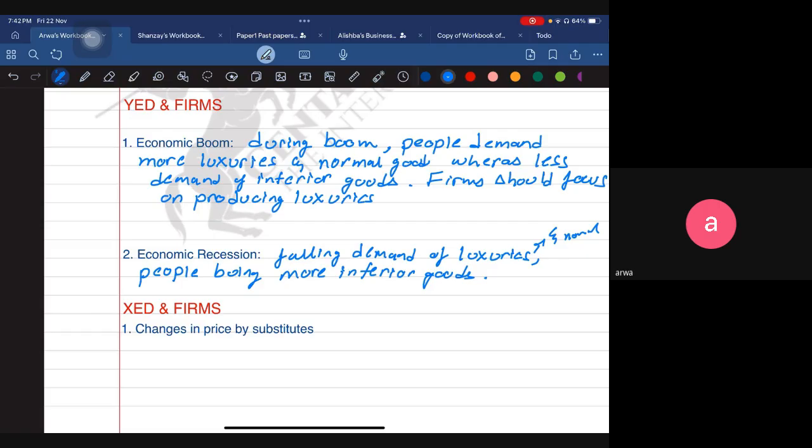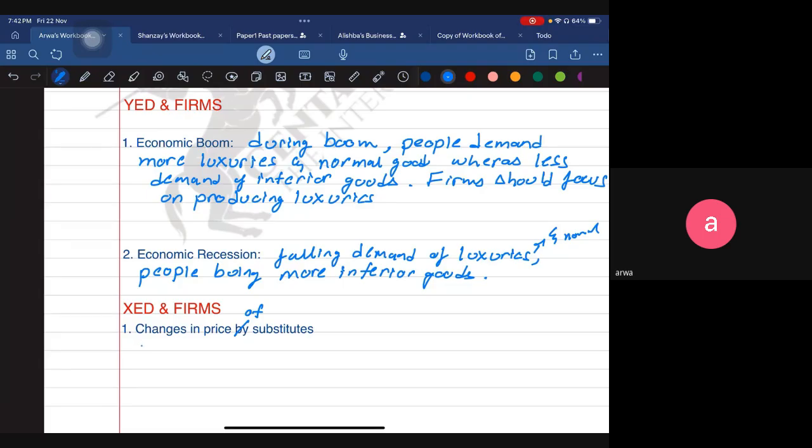Now, forget about YED and firms. Change in price of substitutes. This is cross elasticity, like Coke and Pepsi.